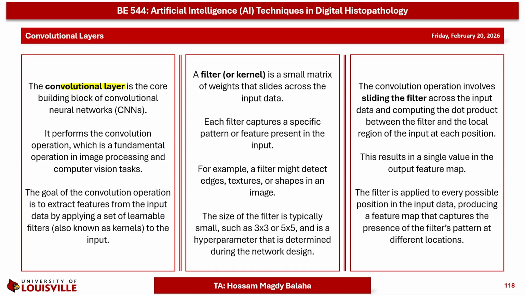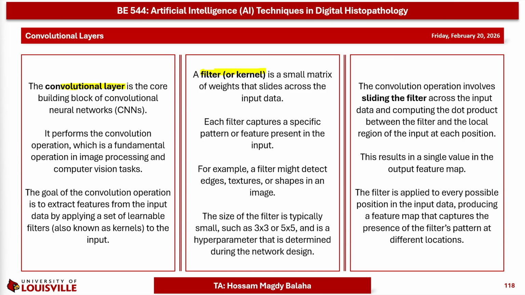So a kernel or a filter is a small matrix filled with weights that slides across the input data, where each filter can capture a specific pattern or feature that represents the input. For example, we can apply 3 filters. Each filter will detect a specific pattern or feature, like edges, textures, or shapes in the image.